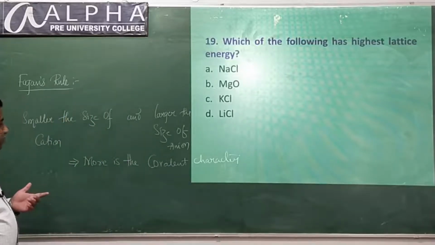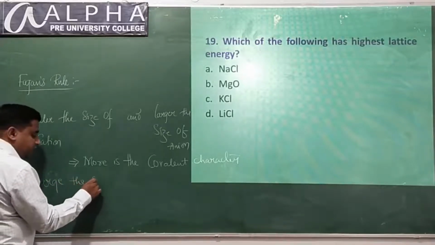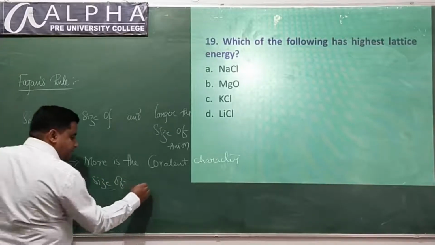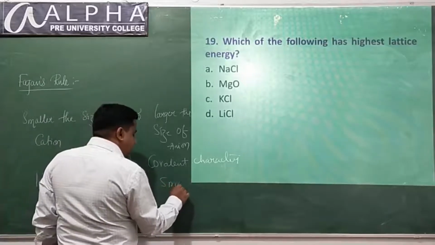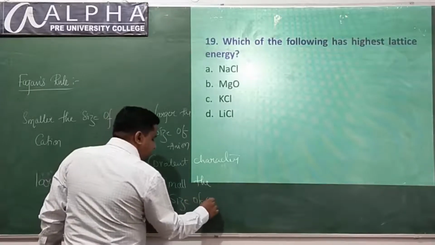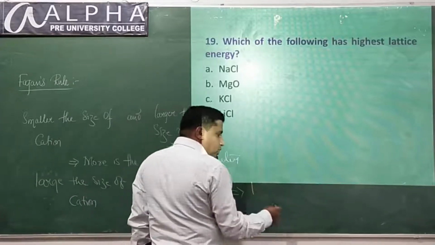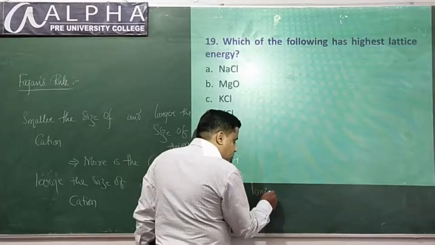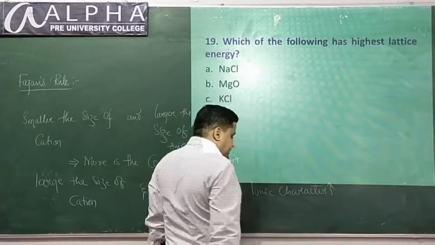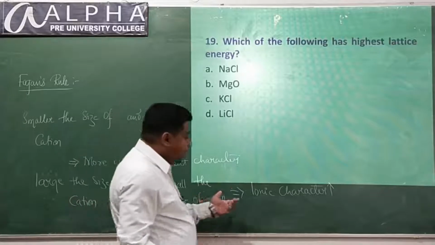If I reverse this situation, that is larger the size of cation and smaller the size of anion, more will be the ionic character.